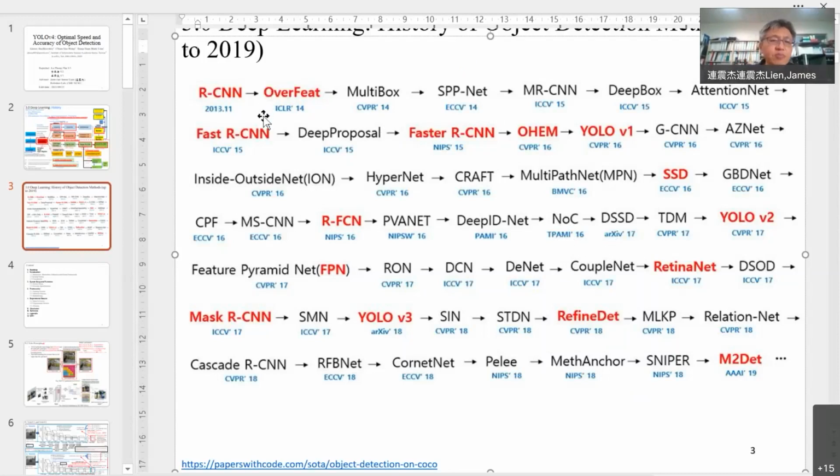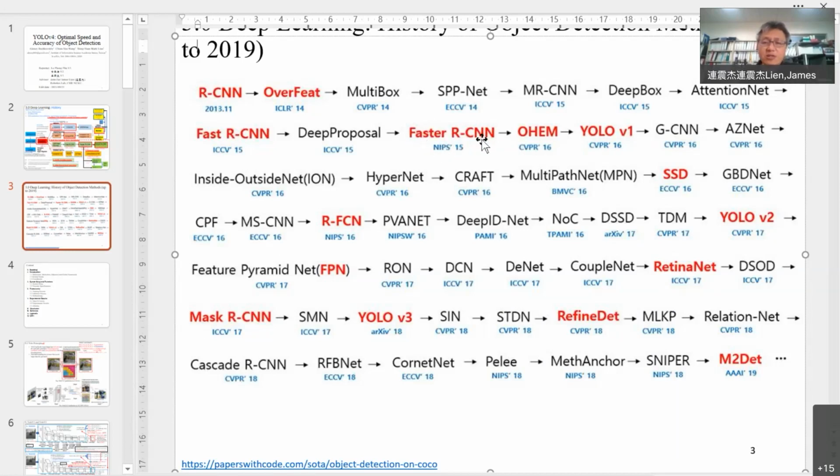Back to here. The important first RCNN is here in year 15, and after Faster RCNN, we have YOLO V1. Mask RCNN came two years later, but Mask is pixelwise, and we go back to the bounding box.